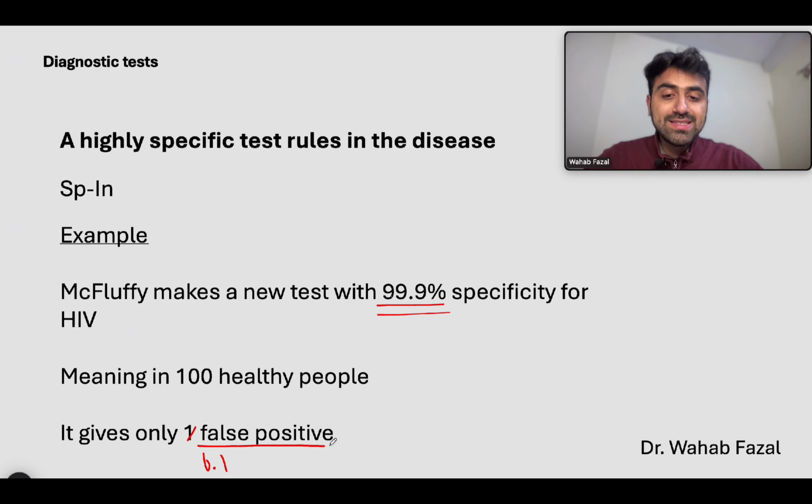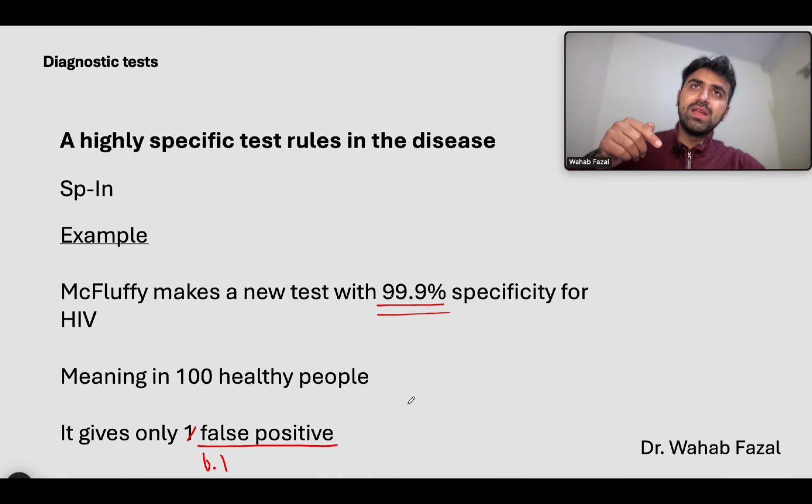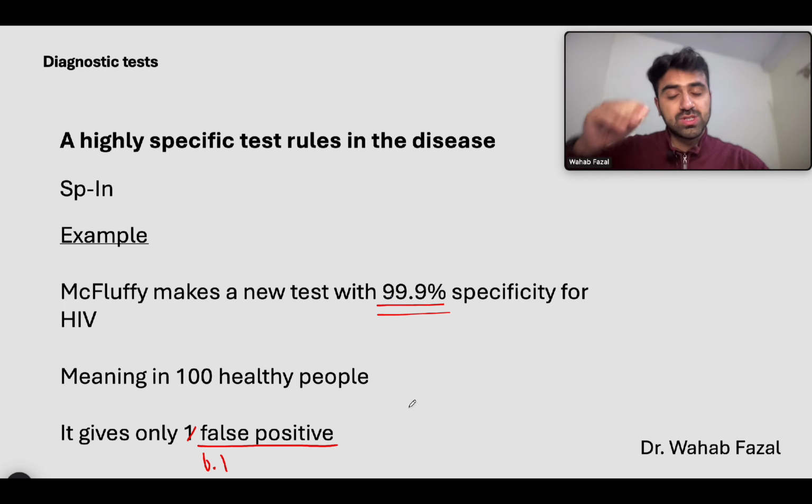This means that this test gives very, very few false positives. So whenever you have a positive, it's a true positive. Therefore, a highly specific test is great when it comes up positive for ruling in the disease. This test almost never gives false positives, which means it is great at telling you this person almost certainly has the disease.